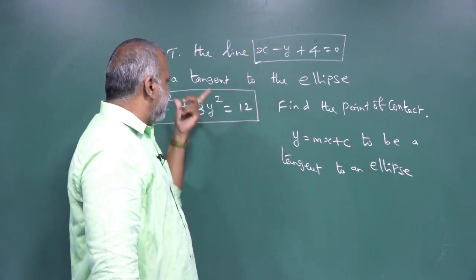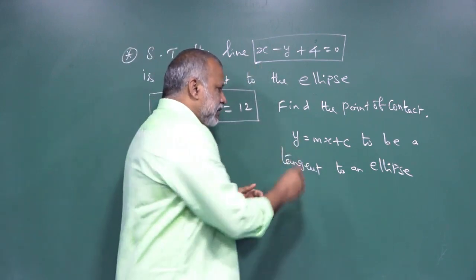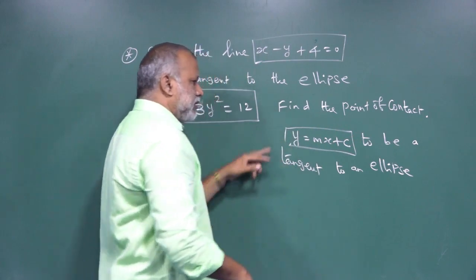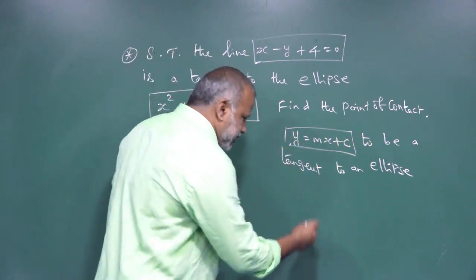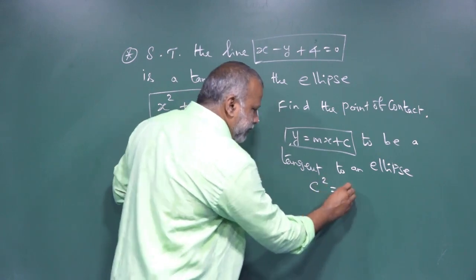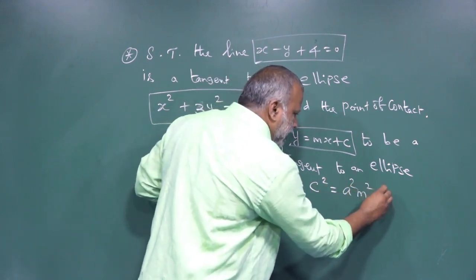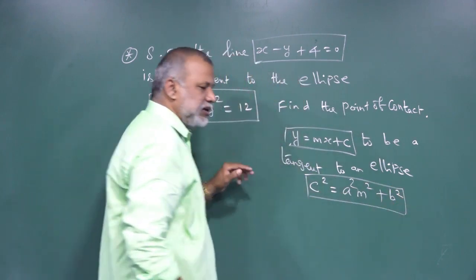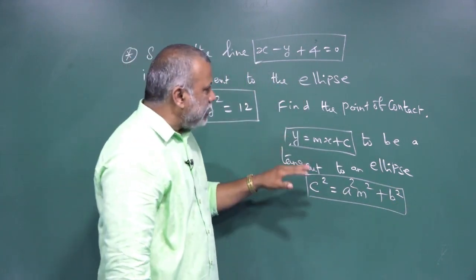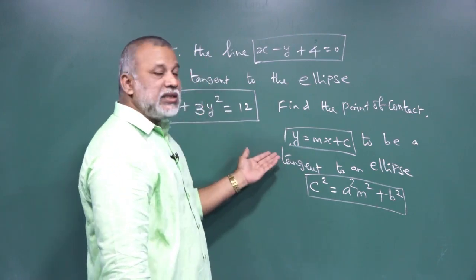So given the line and the given ellipse, from that we derived the condition for y equal to mx plus c to be a tangent to the ellipse. What is the condition? C squared equal to a squared m squared plus b squared. Then this line touches the ellipse.